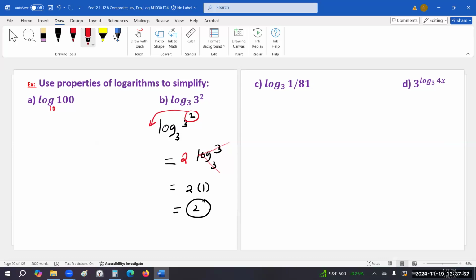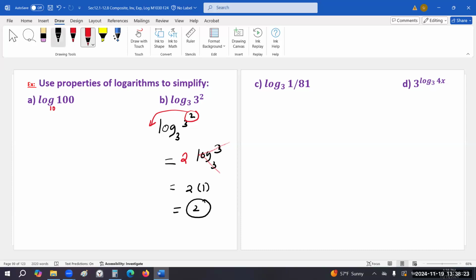So the first one, log 100. You have no idea, right? But you do know that that log has a base 10. Invisible means it's 10. So can you write 100 in terms of 10? 100 is 10 to the 2.